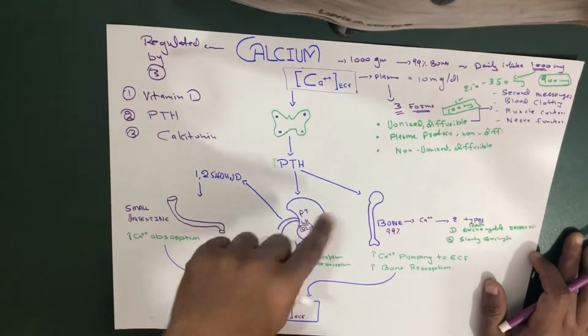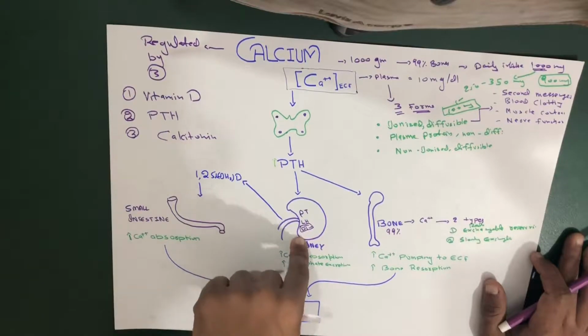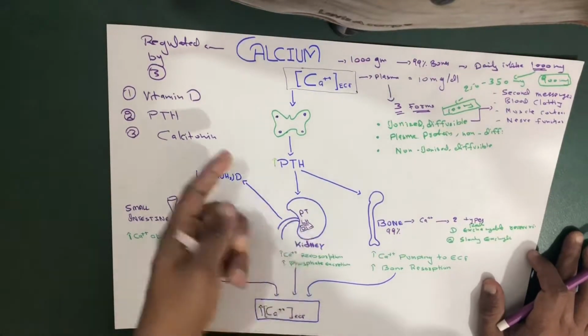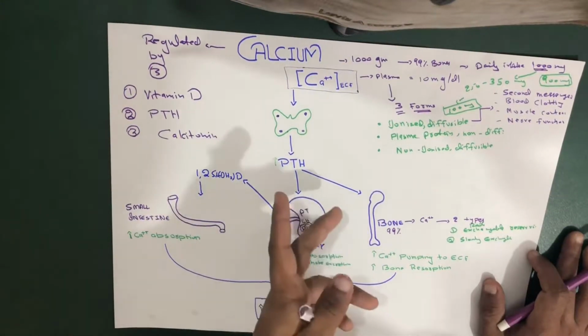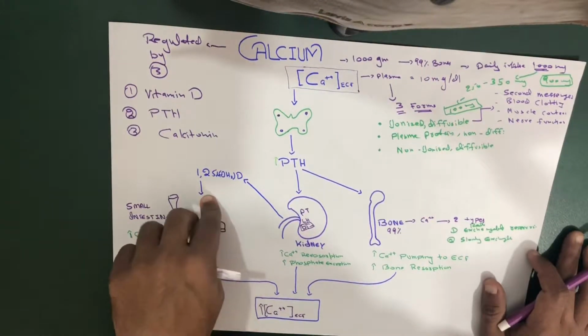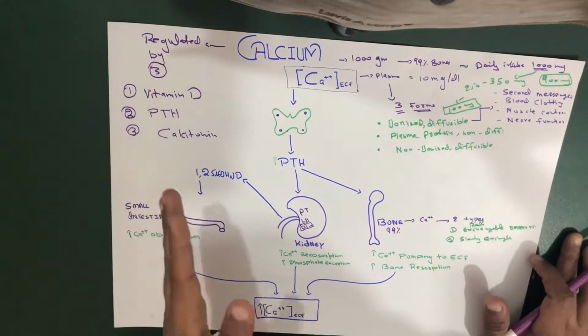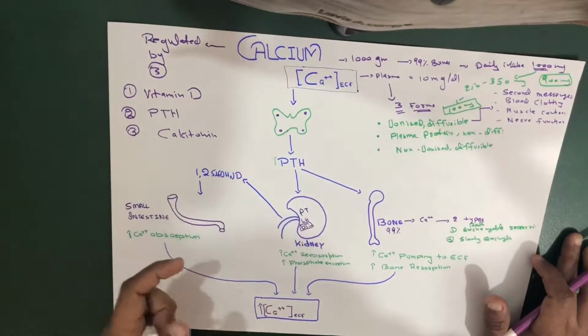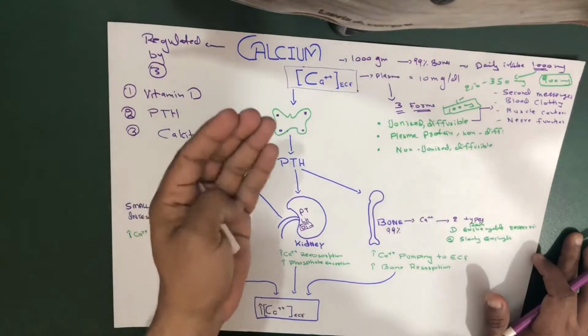So parathyroid hormone does two things: reabsorption of calcium from the distal tubules, and converting 25-hydroxy vitamin D3 into 1,25 vitamin D3, which is the active form. In this way, it increases the level of calcium in the plasma.